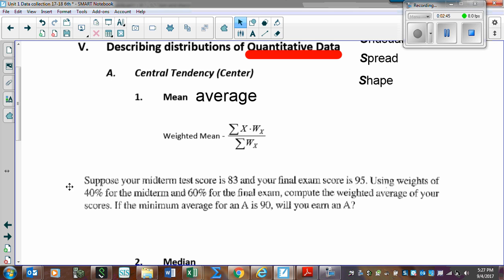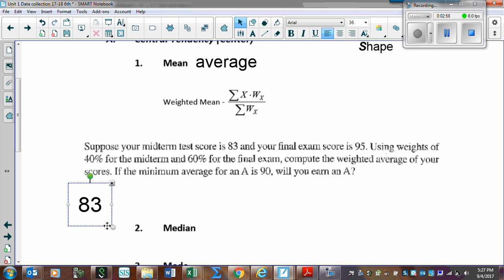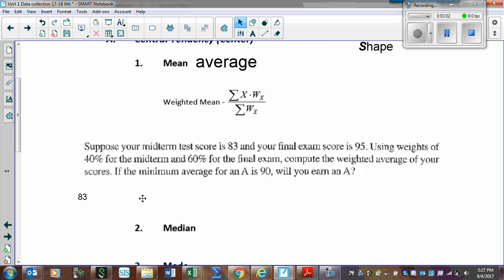Okay, and so here's an example for a weighted average. You have a midterm test score of 83. And your final exam score is a 95.